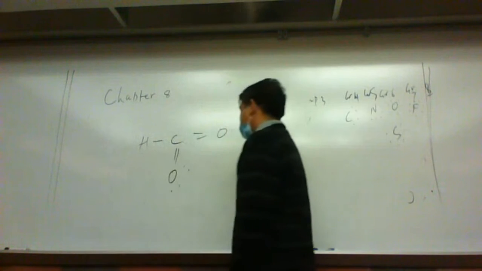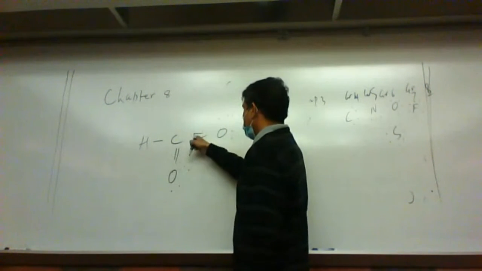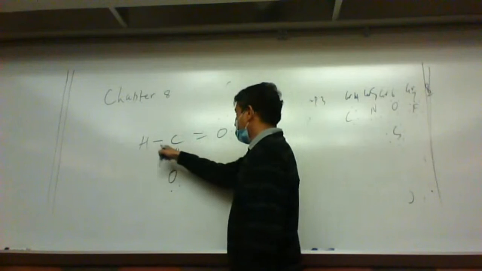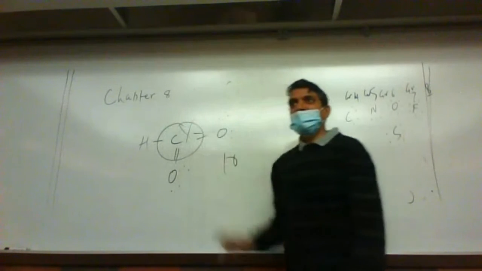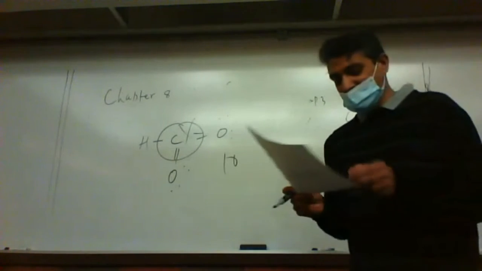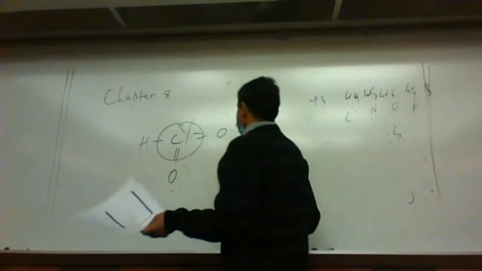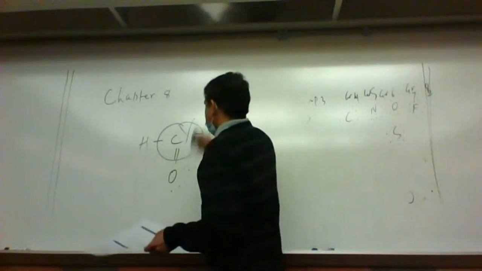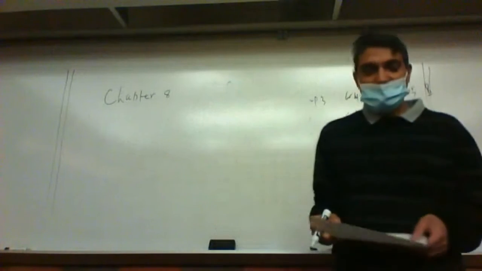Around carbon: 2, 4, 6, 8, 10. There are 10 electrons around carbon, so this is clearly wrong. Easy, right? Carbon cannot have 10 electrons. All the others are good. If you count the electrons around each of the other atoms, there are 8. Good.